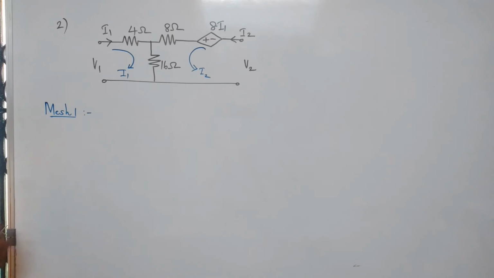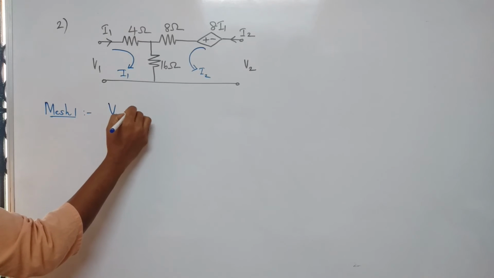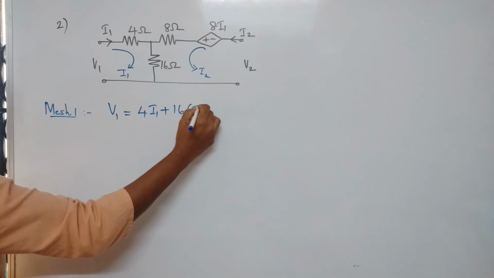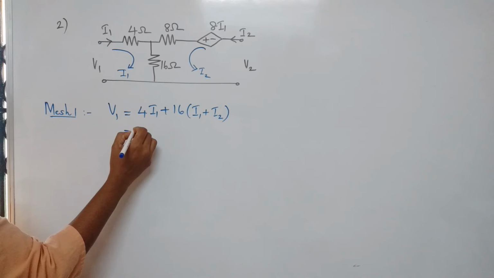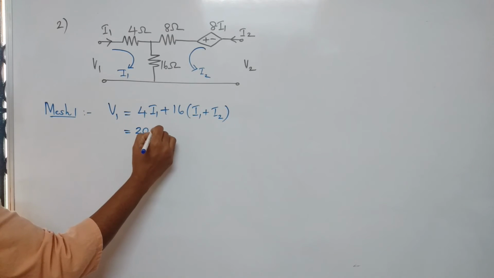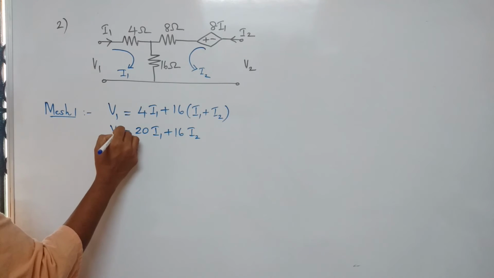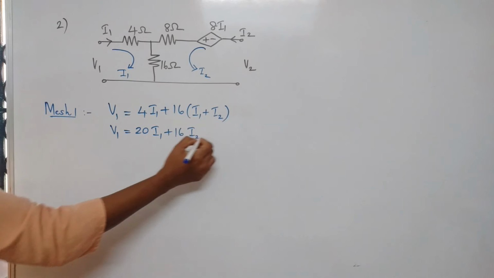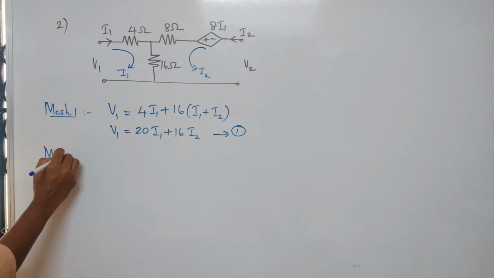For mesh 1, the equation will be V1 is equal to 4I1 plus 16 into I1 plus I2, or this is equal to 20I1 plus 16I2. This is V1. Let this be equation number 1. Now we will write mesh 2.